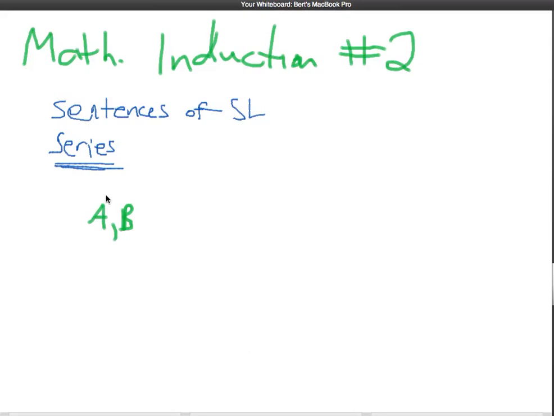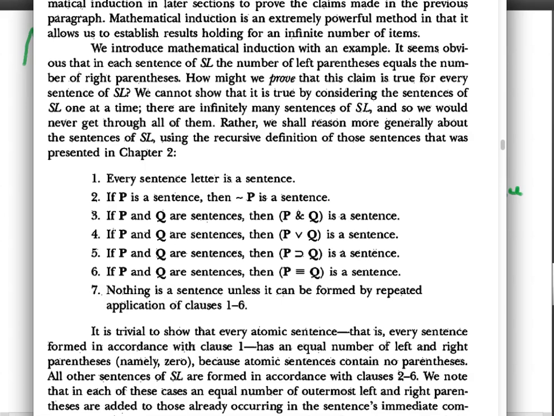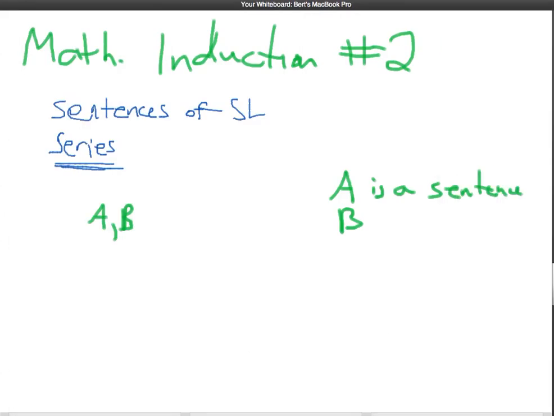So given our definition, A is a sentence, and B is a sentence. By rule 1, every sentence letter is a sentence. Our sentence letters are A and B, so A is a sentence and B is a sentence.